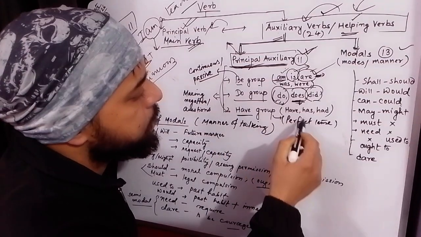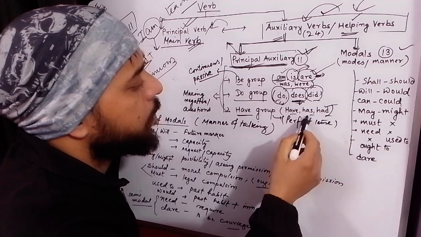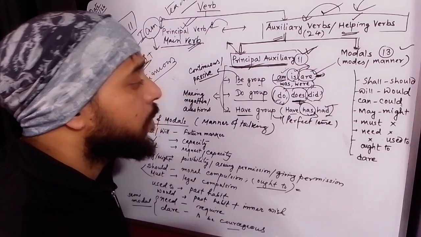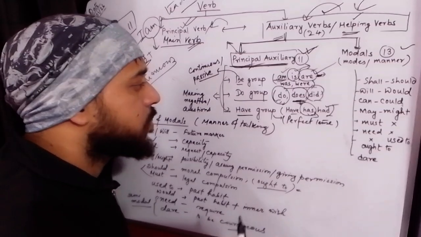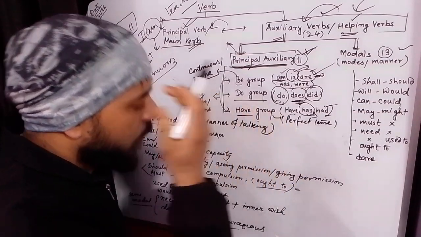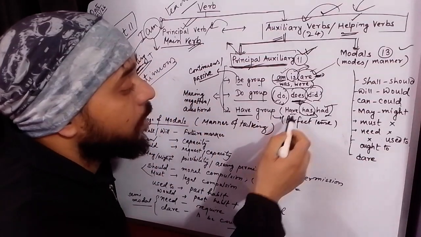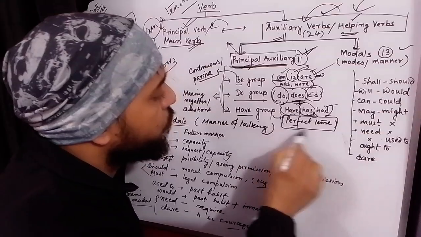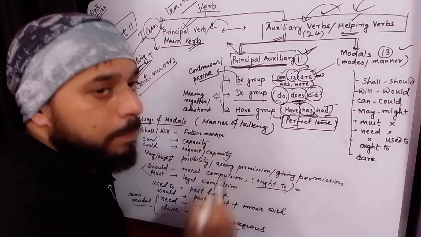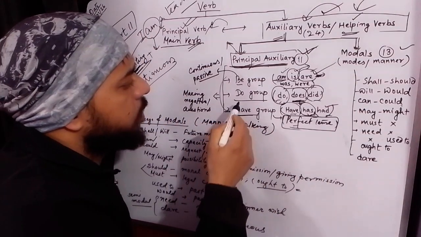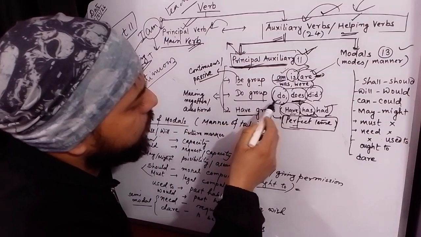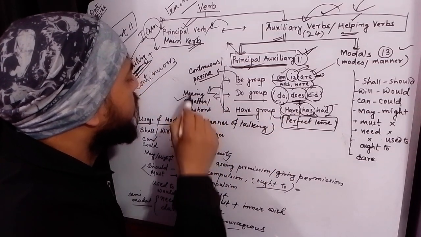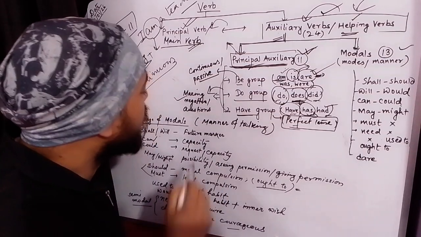Have, has, had: had in past, has just after the third person singular number, and I always takes have, and in plural sense as well. So in perfect tense, we use have basically. And do, does, did are used in making a sentence negative or questions.